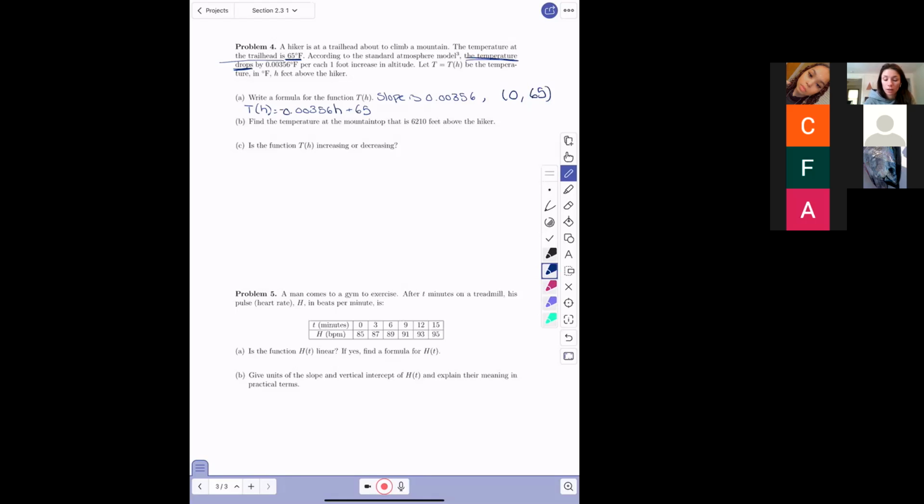So we're going to plug 6,210 feet in for H. So T of 6,210 is equal to negative 0.00356 times 6,210 plus 65, which is 42.644 degrees Fahrenheit.